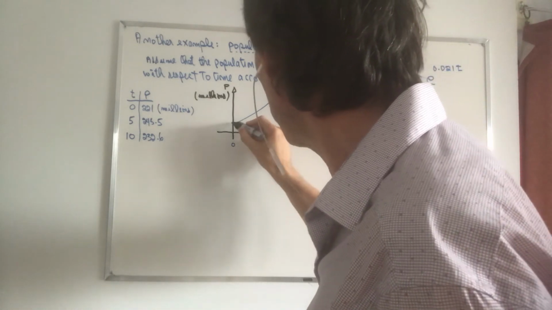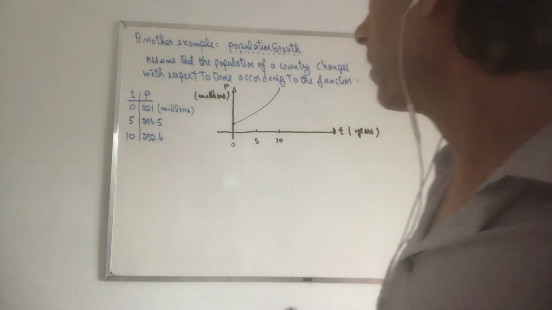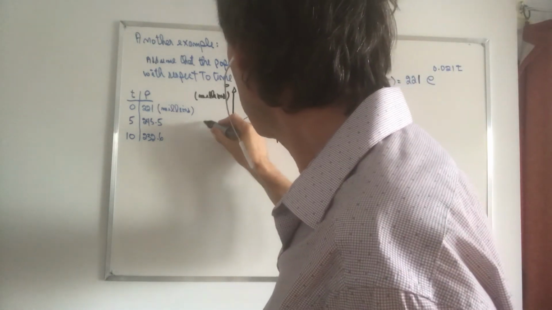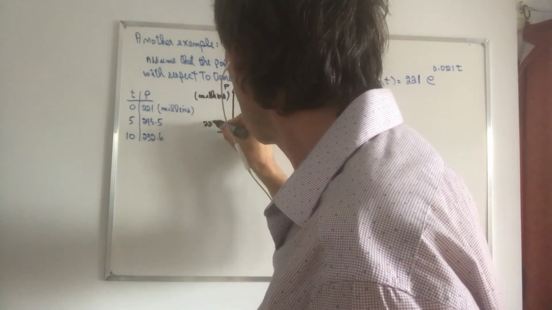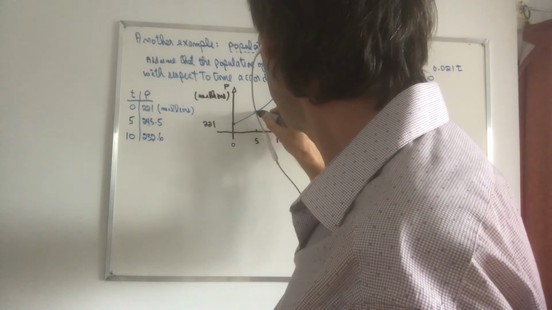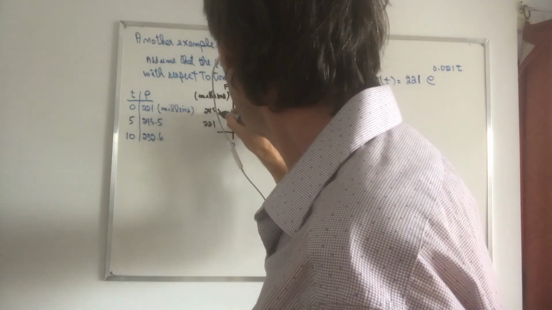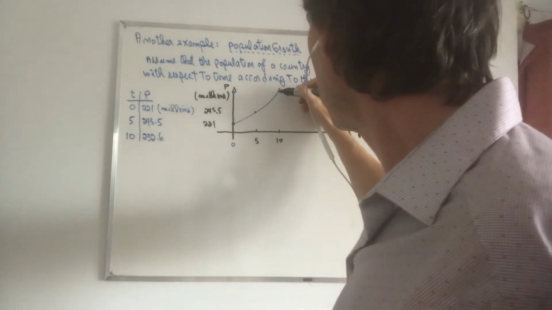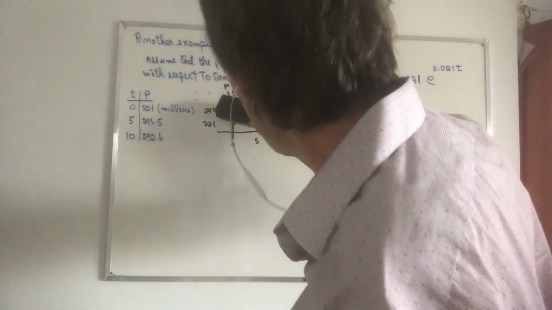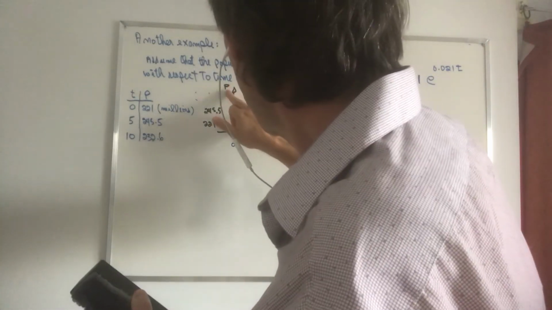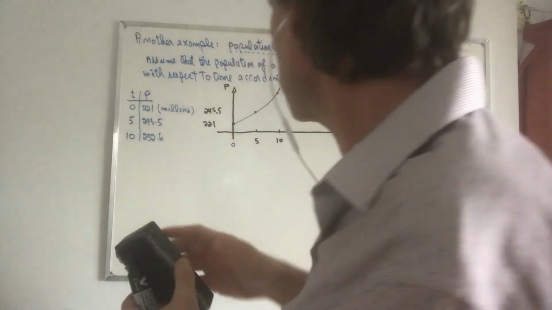So we have a few points on this graph. We have here 0 and 221. At 5, we have 245.5. And at 10, I'm going to have to erase my millions here to fit this into this extremely small and confined space.